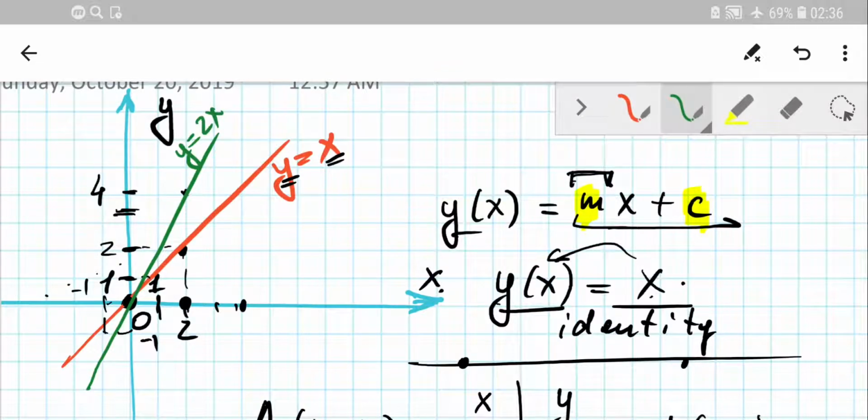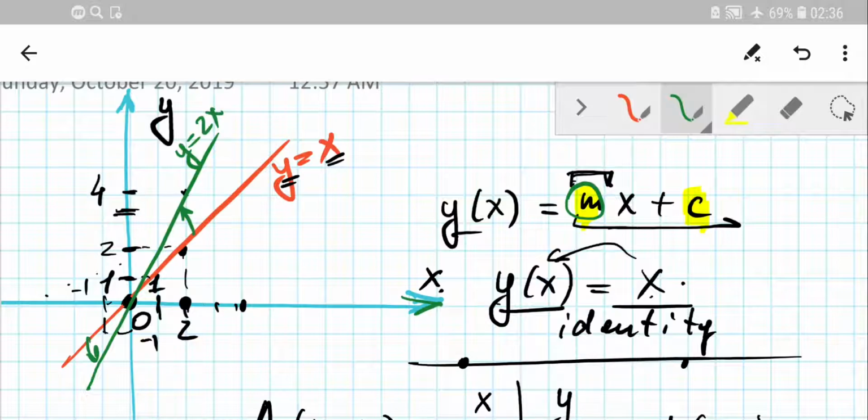It looks like it turned a little bit and becomes steeper. Here is another turn, so it turned in an anti-clockwise direction and it becomes steeper. All right, so it looks like m is really responsible for the angle your line has to the horizontal x-axis.